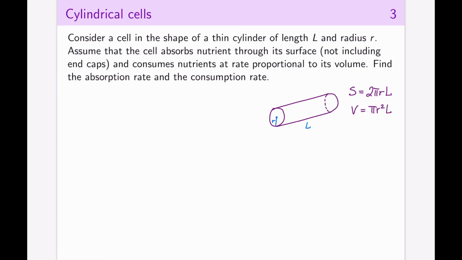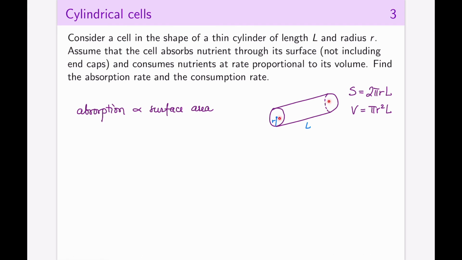Okay, so now what do we have? We have that the absorption is proportional to the surface area because this cell is assumed to absorb nutrients through the surface area, again, not including end caps.